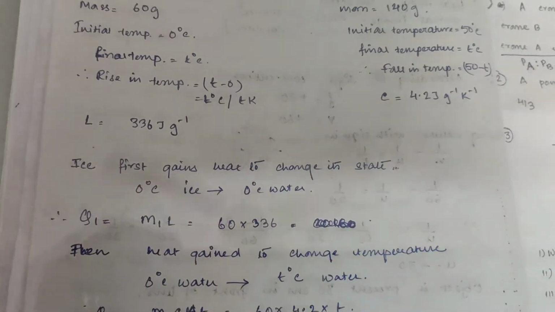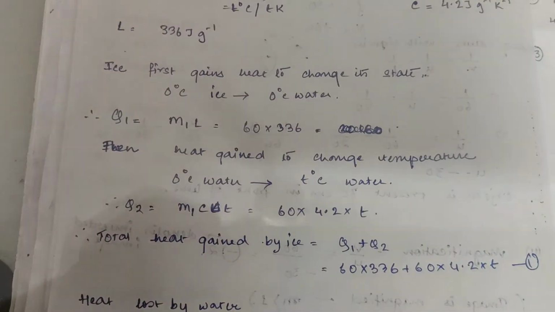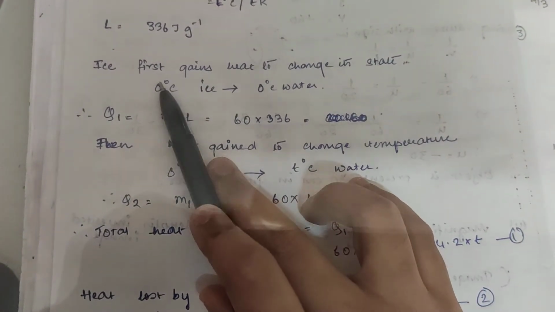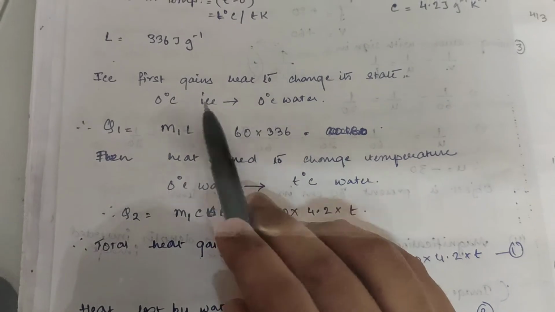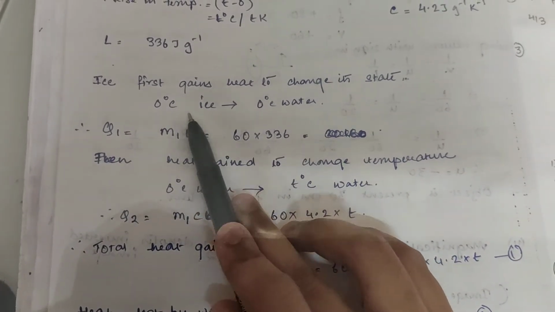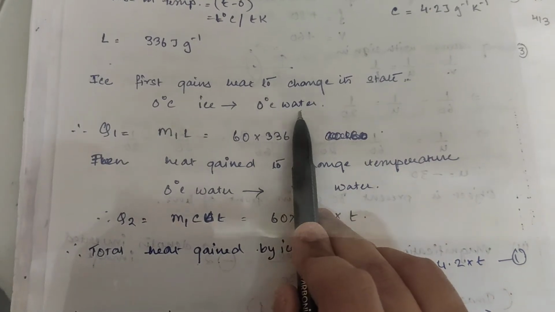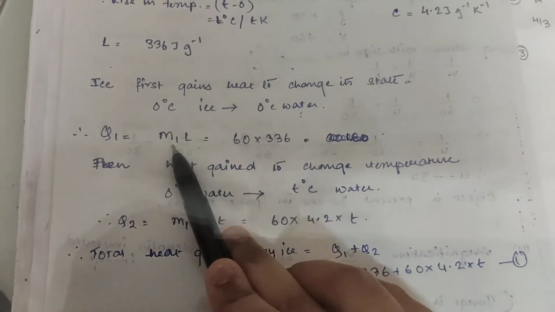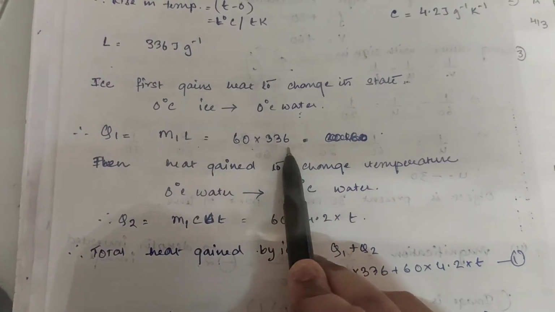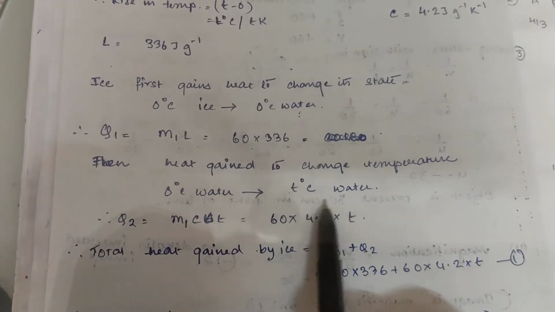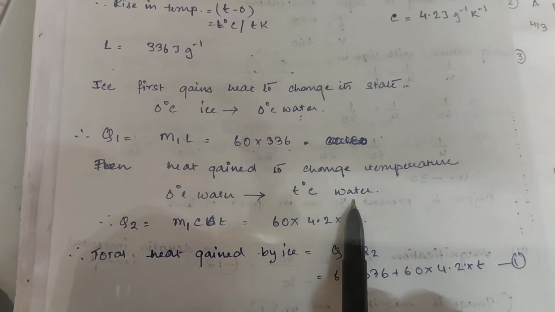Okay. Now, first of all, ice gains heat to change from ice at 0 degrees Celsius to water at 0 degrees Celsius. For that, latent heat will be absorbed, M1 into L; mass of ice is given, L is also given. Now, from water at 0 degrees Celsius to water at T degrees Celsius, it will be a change in temperature.